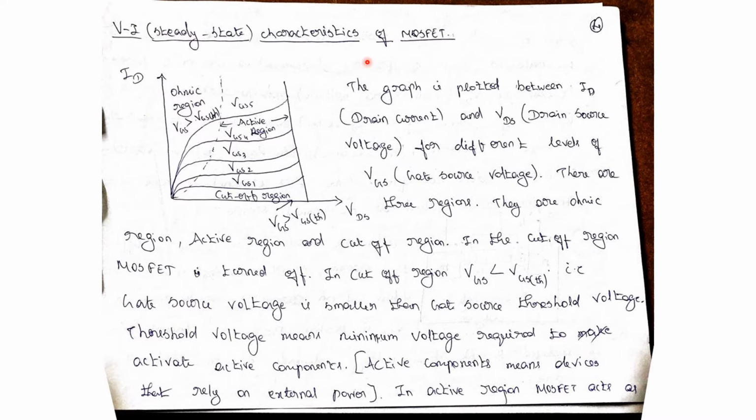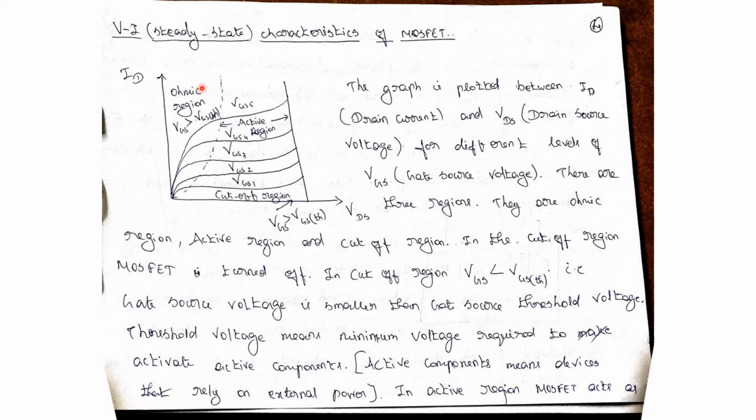These are the VI characteristics of the MOSFET, that is, the steady state characteristics. The graph is plotted between ID and VDS. ID means drain current, VDS means drain source voltage, for various gate source voltages. Here the gate source voltage is kept as VGS1, then above that VGS2, VGS3, and so on, it will increase.